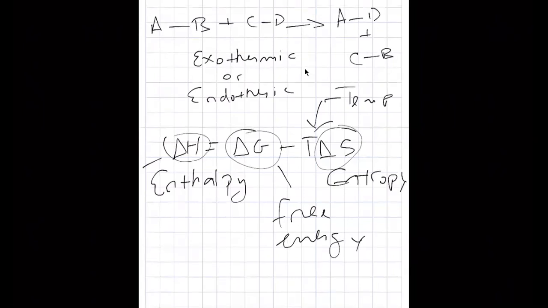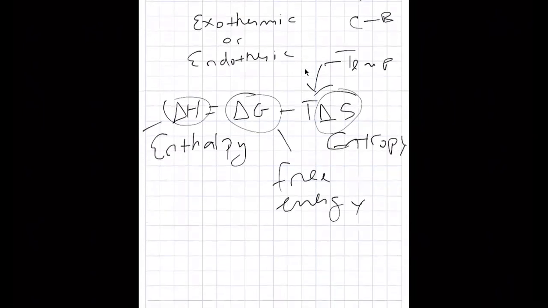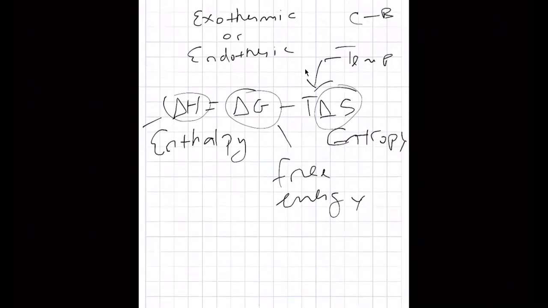But if we negate the entropic contribution to the enthalpy, then delta H and delta G are roughly equivalent, right? So what do you remember from GChem about enthalpy or delta H as far as the sign of it? Because delta H is going to give us an idea about the extent of reaction.